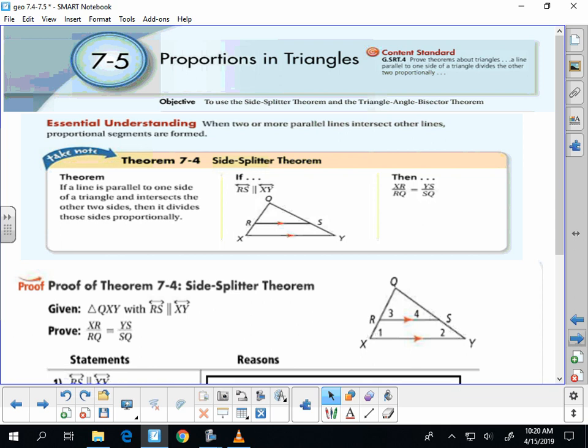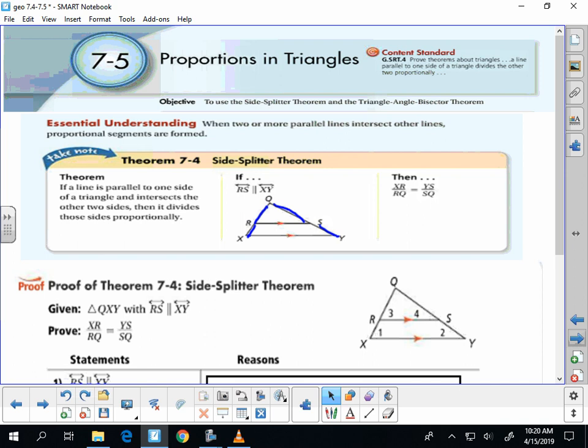All right. So this says on this picture, XR over RQ equals SY over SQ. So they're saying the little part over the little part.